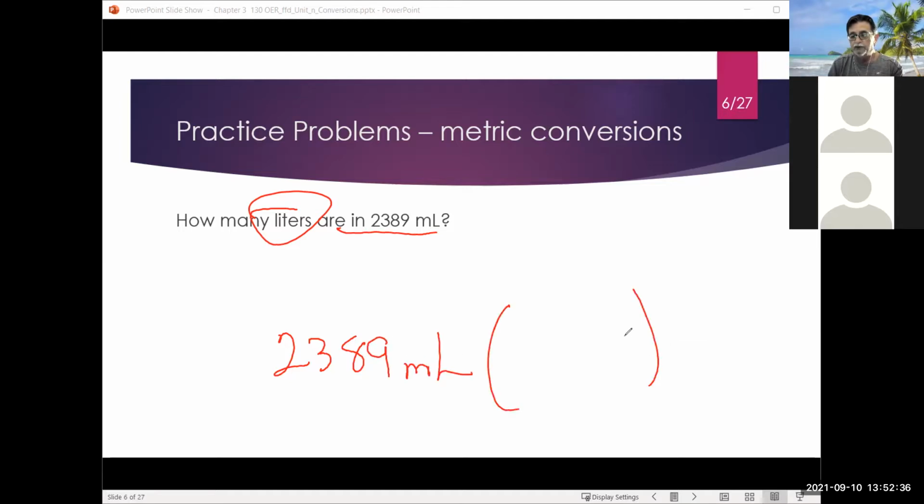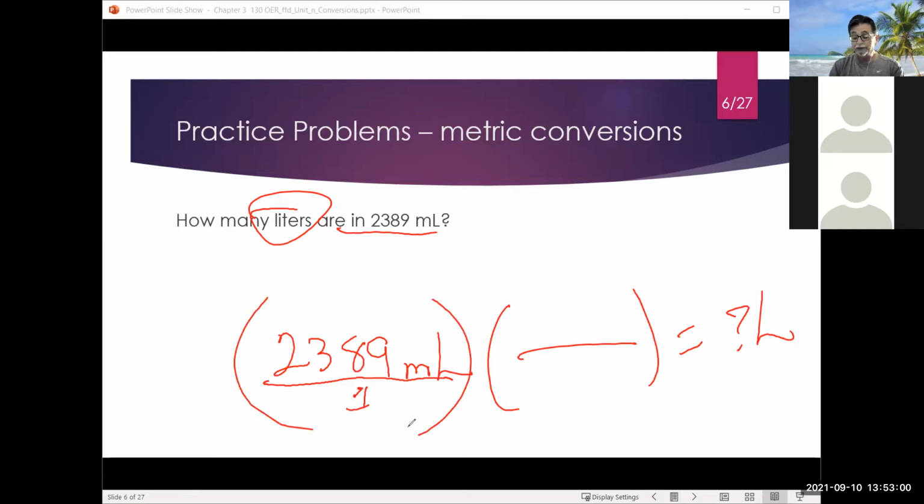I know I need a conversion factor of some sort, and I need to get to liters. If this whole number is confusing, to make it a fraction like everything else, you can just put a line there and put a 1 there. Same thing. That's the fractional form of a number.